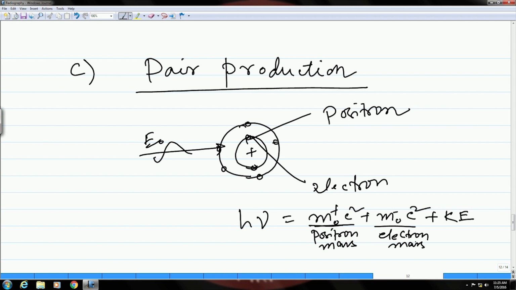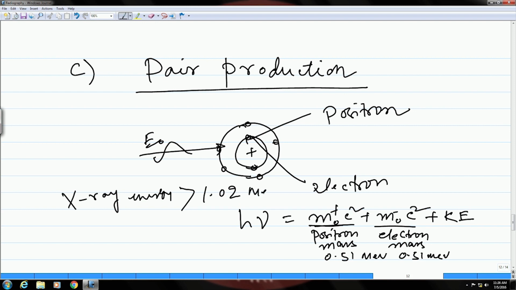And for creating this mass, the minimum amount of energy which is needed for each is 0.551 mega electron volt, and that is why the X-ray energy in this case must be above 1.02 mega electron volt if pair production has to happen, because that is the minimum energy needed for creating the mass for the positron and the electron.